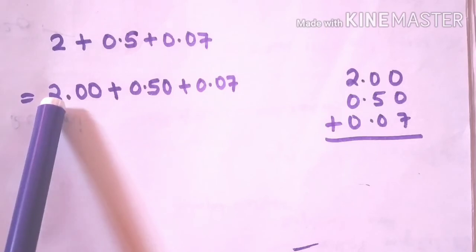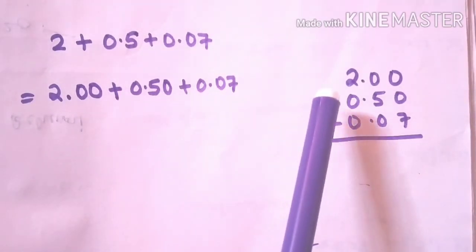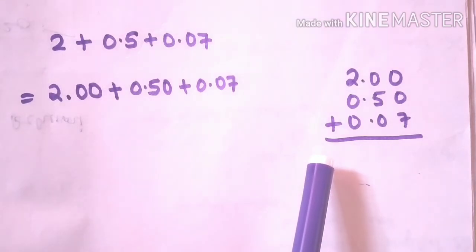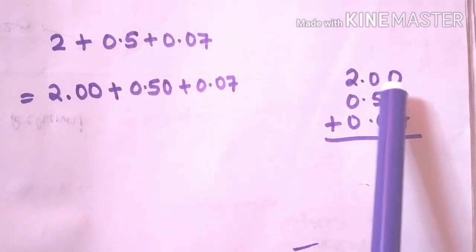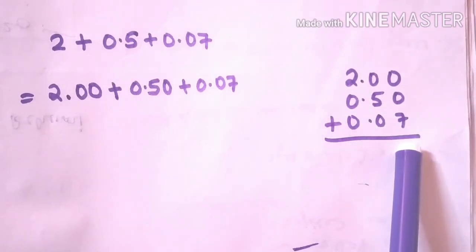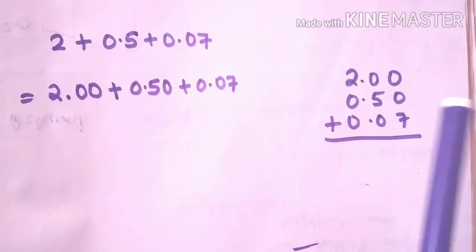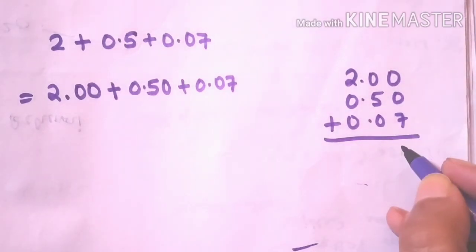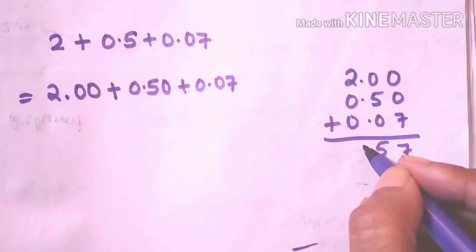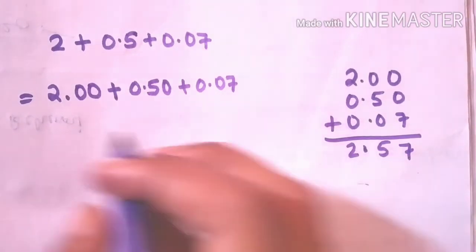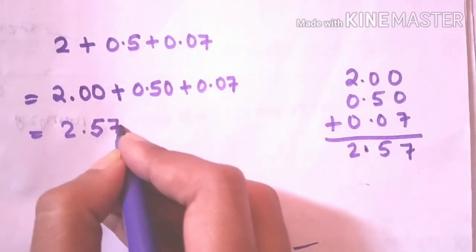Now since in all the decimals there are 2 digits after the point, it will be easy for us to add these decimals. So the point will be in the straight line and we will add in this way. 2.57.